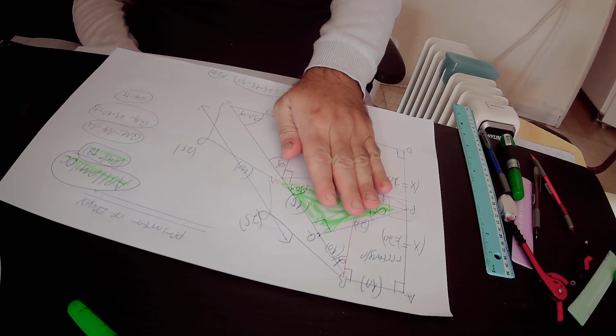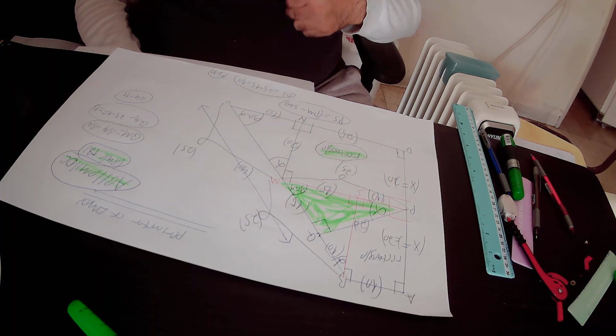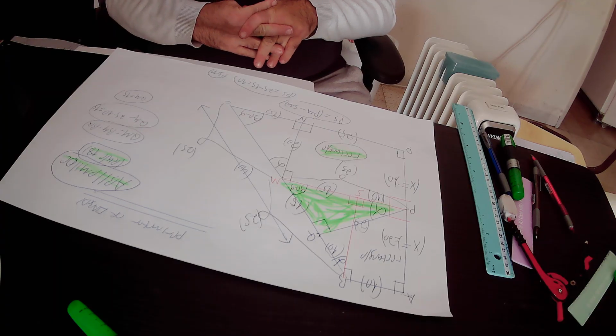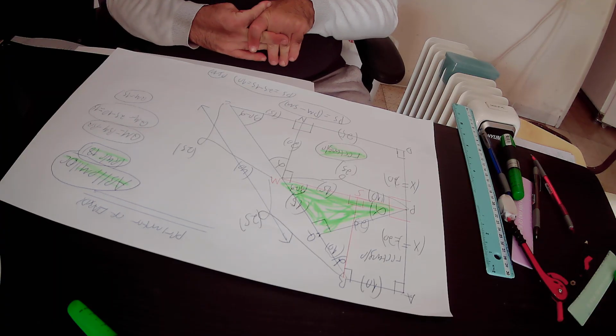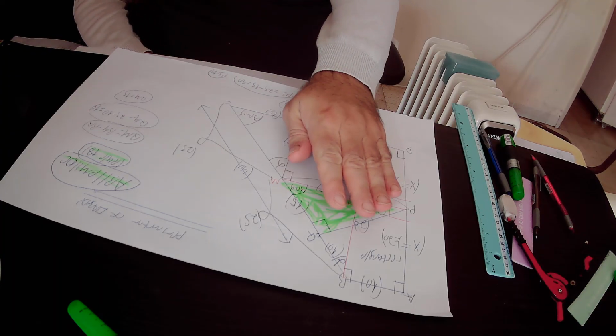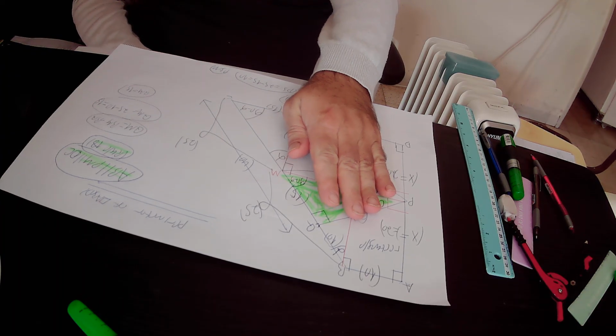BC is one side of quadrangle ABCD, and therefore it is absolutely a straight line. So if you focus on one side of the straight line BC at point M, the sum of the angles must be equal to 180 degrees according to rule 3. Rule 3 says that the sum of the angles on one side of a straight line is equal to 180 degrees. So which angles do we have at this side of the straight line BC at point M?